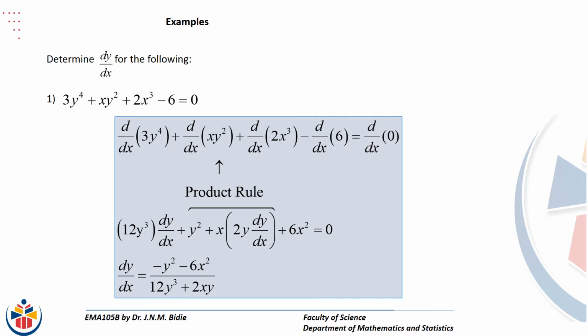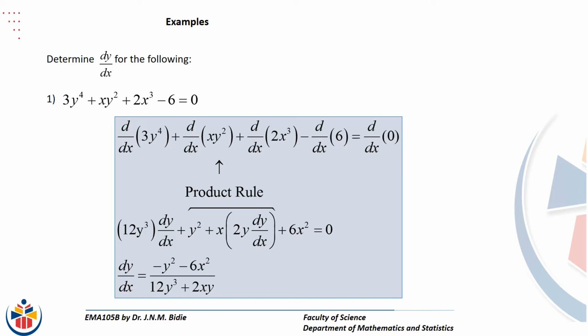Differentiating y to the power 4 with respect to x will yield 4y cubed multiplied by y prime, which is dy over dx. Hence, the next step gives us 12y cubed dy over dx plus the product rule.